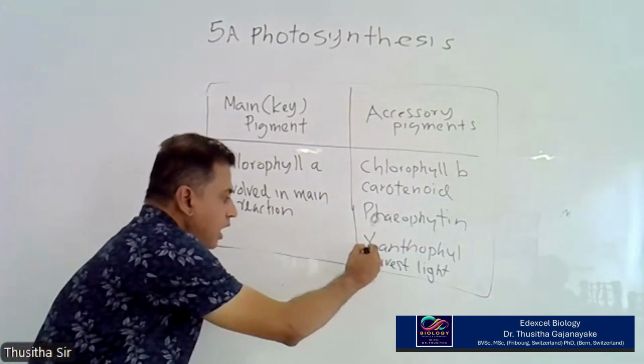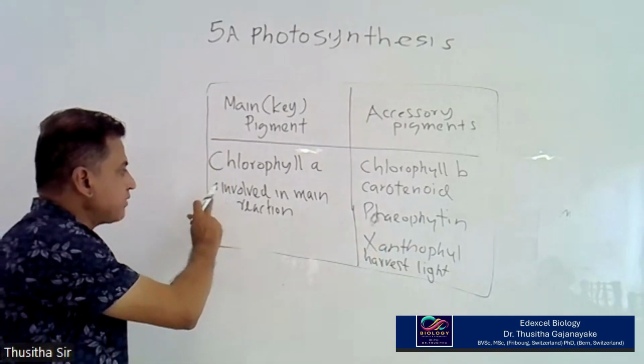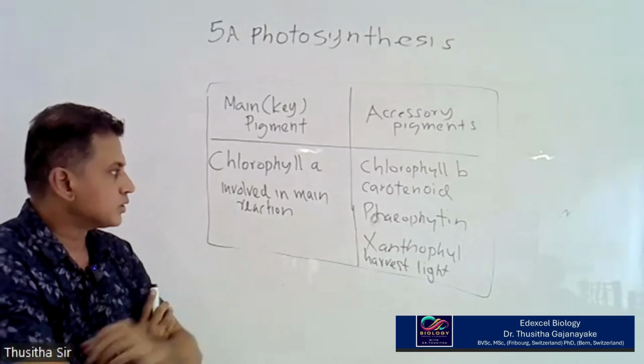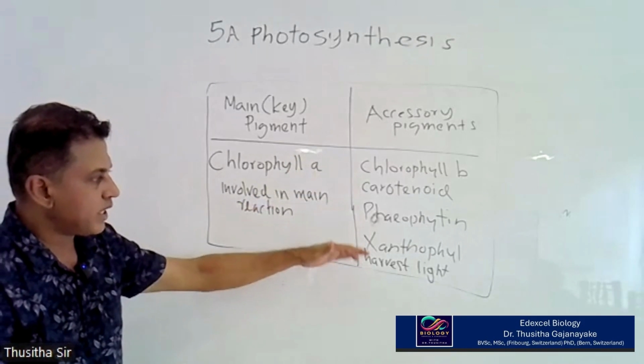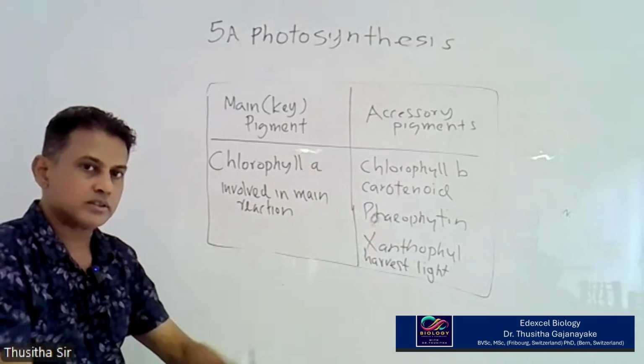So chlorophyll B, carotenoid, pyrophytin and xanthophyll, they can harvest the light.